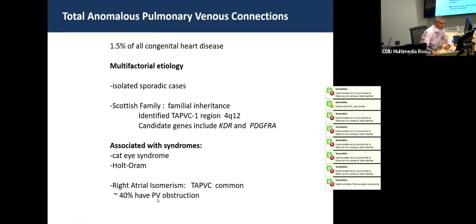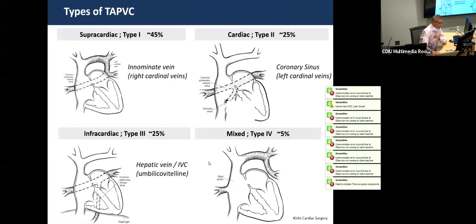One of the reasons is that pulmonary vein obstruction is quite common, 40%. So these are the classical types of TAPVC. They're divided into supracardiac, cardiac, infracardiac, and mixed. Those are the mixed shown here. Those are the main subtypes.